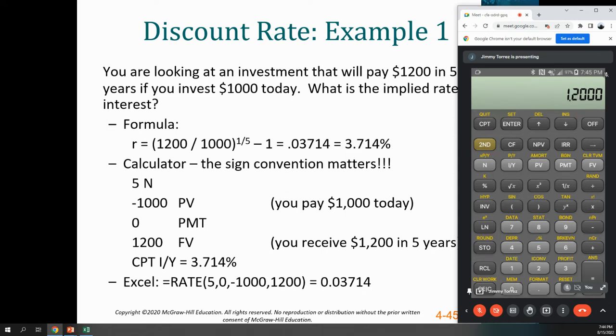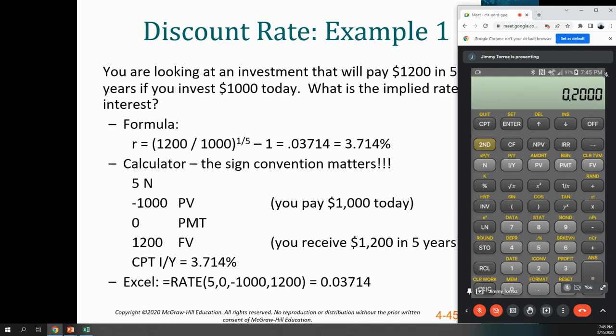So I hit y to the x, then 1 over x, and 5. Okay, let's do this again. 1 over 5 is 0.2, and that's what I need to elevate it to.